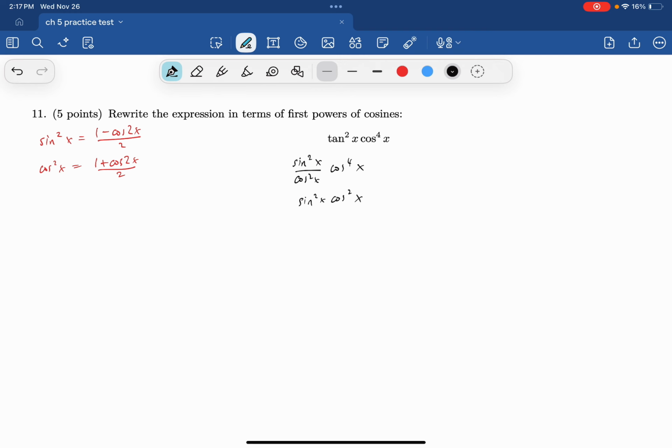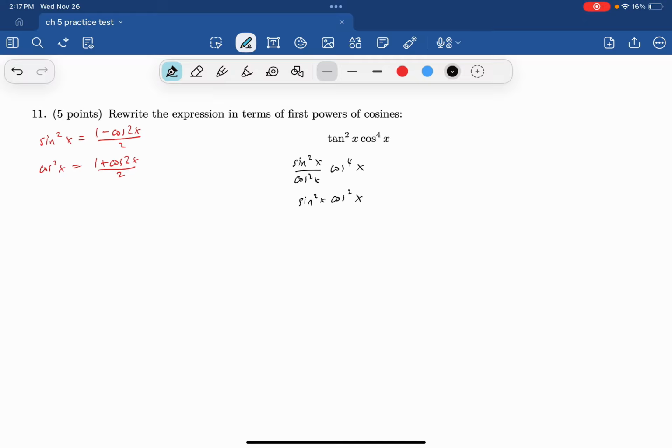You could have just straight away applied the tangent power reduction formula, but I think that would take more time. All right, so we are left with sine squared times cosine squared. And now we can just plug in our power reduction stuff.